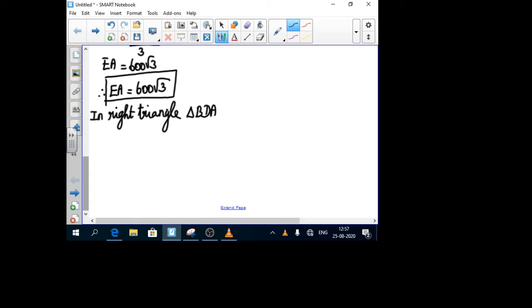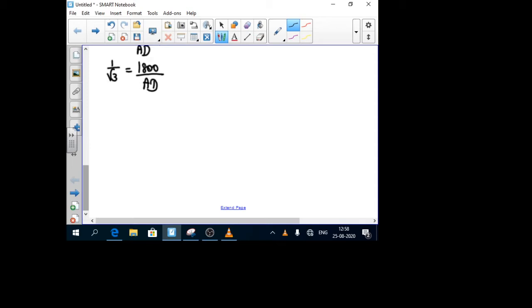There you have to take tan 30 degree is equal to, seeing the diagram, opposite side is AB only, so AB divided by adjacent side, here the adjacent side is the full one, that is AD. Tan 30 we know the value 1 by root 3, that is equal to AB 1800 by AD. AD we want to find. Cross multiplying, AD is equal to 1800 root 3. This is the value for AD.